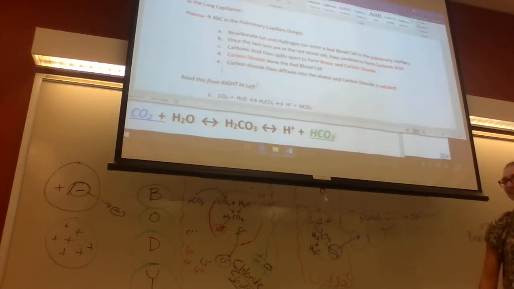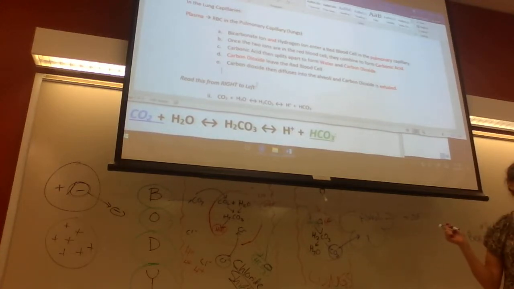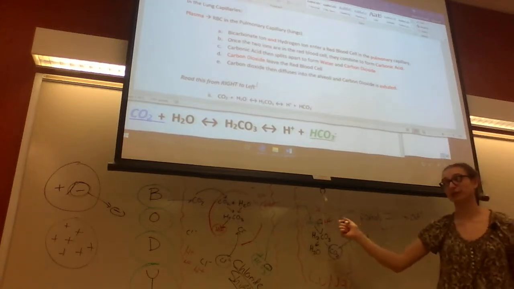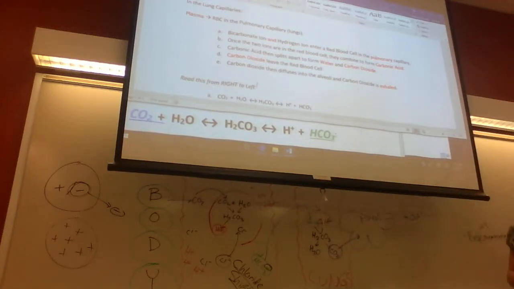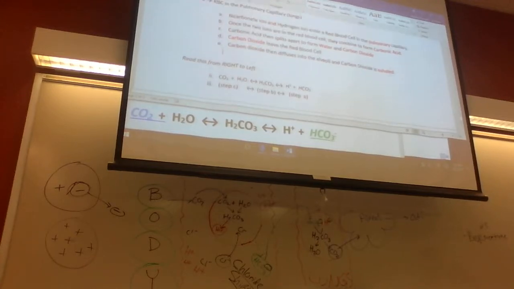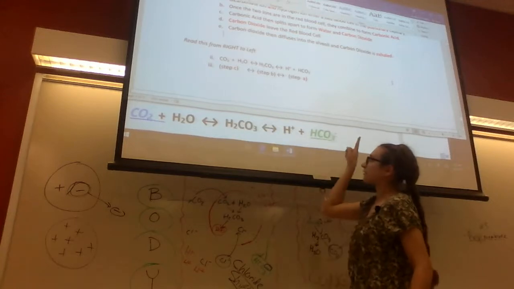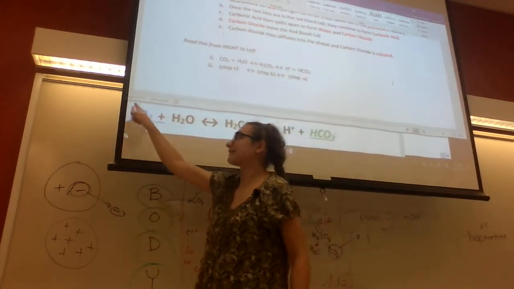So now imagine this happening every breath you take. And then we could go in reverse if you wanted to with oxygen. Yeah, because you need to get that carbon dioxide out of you. So again, when you look at this equation, step A, step B, step C, you're going to read from right to left because this is the end product.